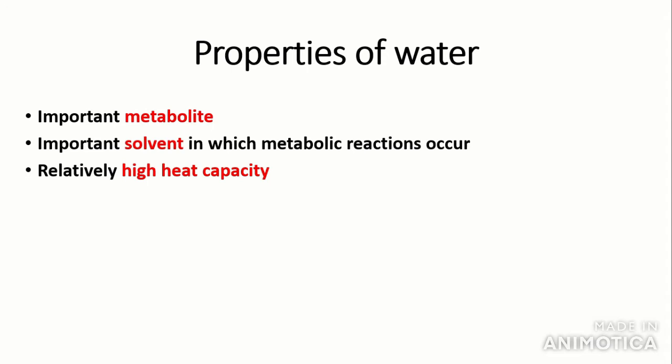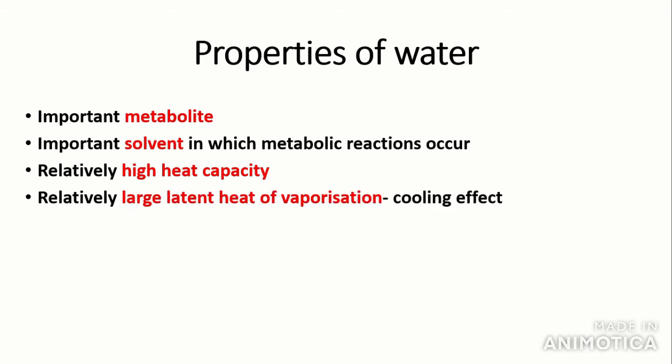Also, it has a relatively high heat capacity. This is the energy required to raise the temperature of the water by 1 degree Celsius. This means that it acts as a buffer for temperature, which is important in temperature control in organisms. Also, it has a relatively large latent heat of vaporization.